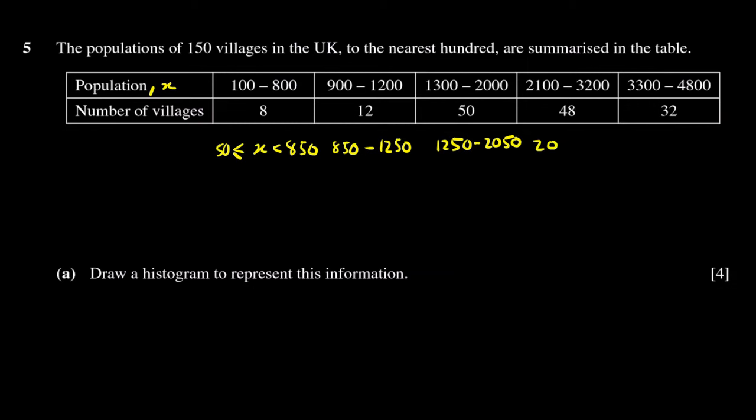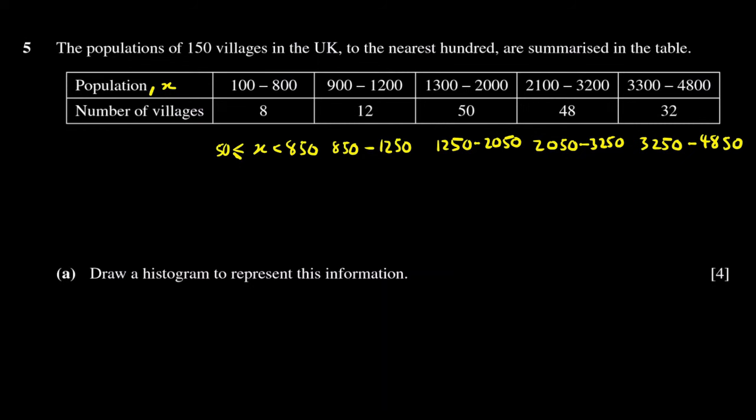This one is 2,050 all the way up to 3,250. And this one here is 3,250 all the way up to 4,850. Okay, so I've just ever so slightly changed it. I've been a little bit lazy there with the notation, but really what I should say is that x is greater than or equal to 50 and less than 850. That's what I mean by all these other values.